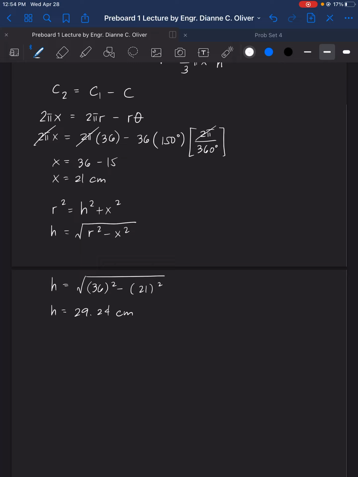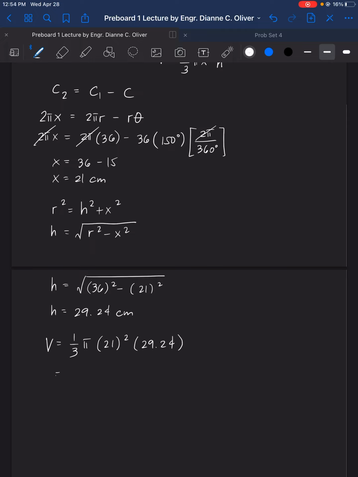Therefore, since we finally have the values for x and h, volume now is equal to 1/3 pi x squared, is 21 squared, times h, 29.24.